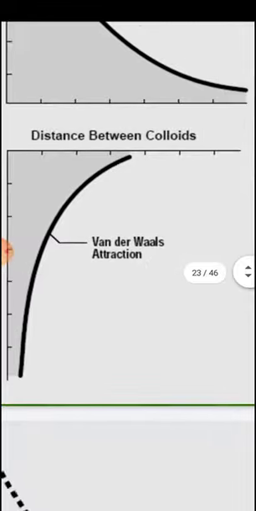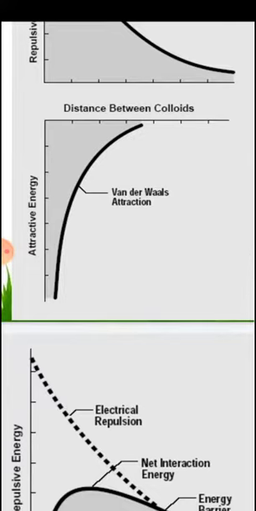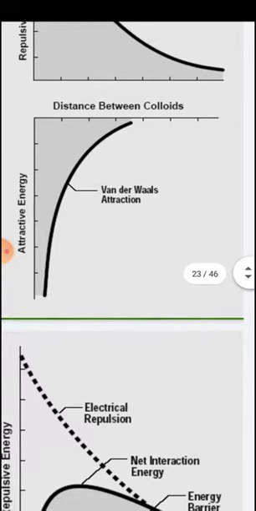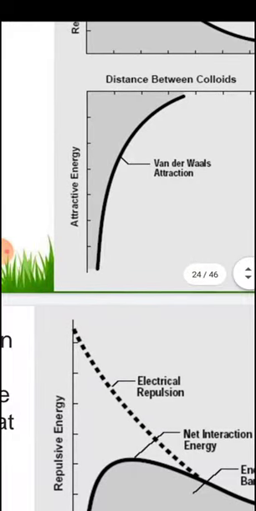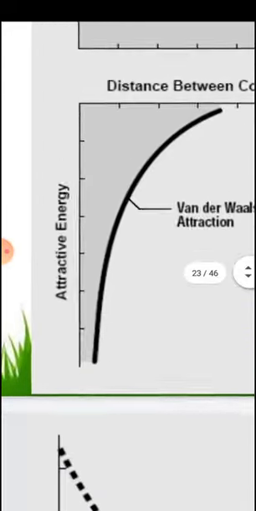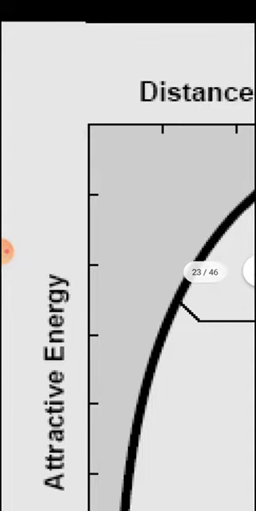And at the same time, if you consider another case, in this scenario you will check the attractive van der Waals forces and their relation with the distance between the colloidal particles, and you will observe that as we bring the two colloidal particles together, in this case the colloidal particles are positively charged, these particles are going to have the maximum energy at a distance somewhere before having zero distance between them.